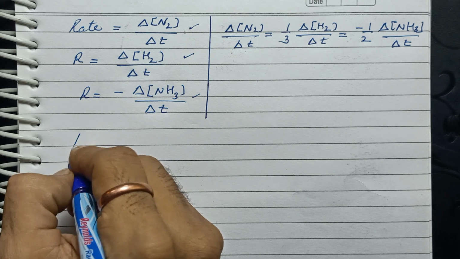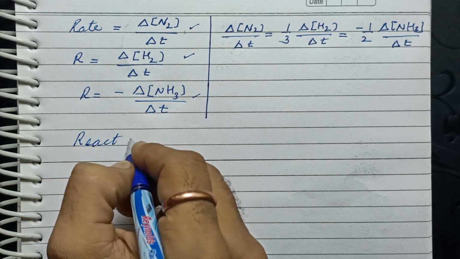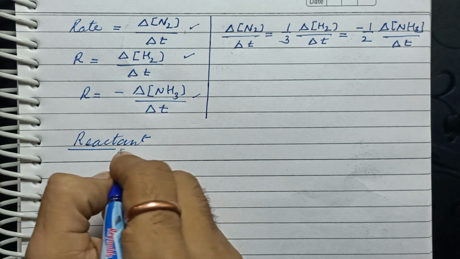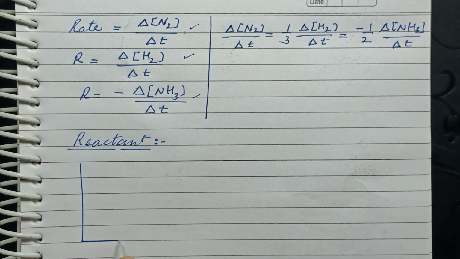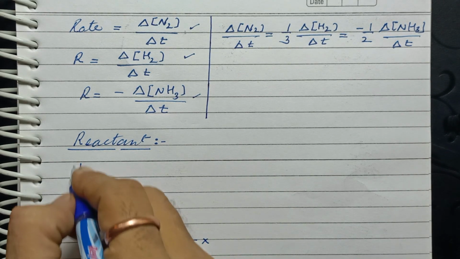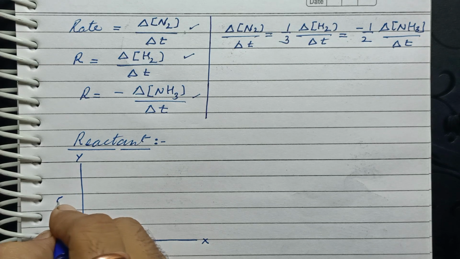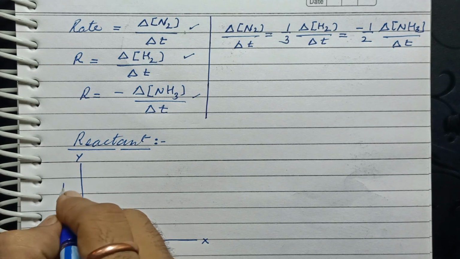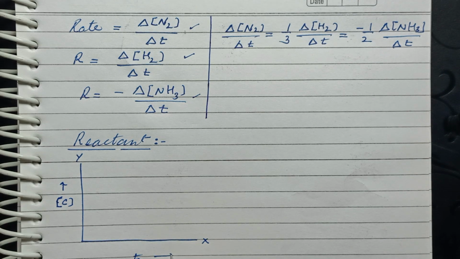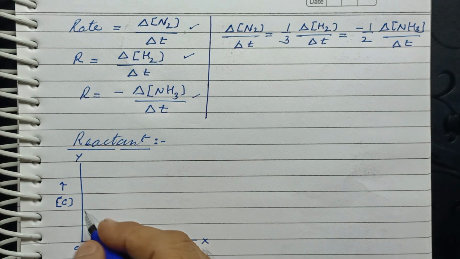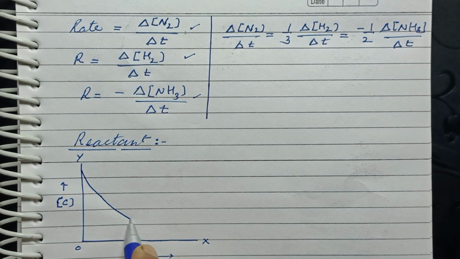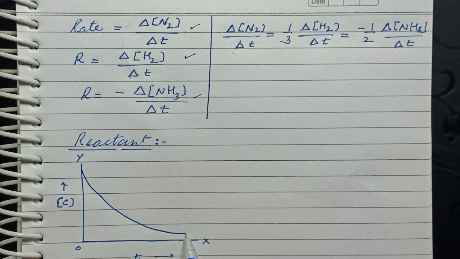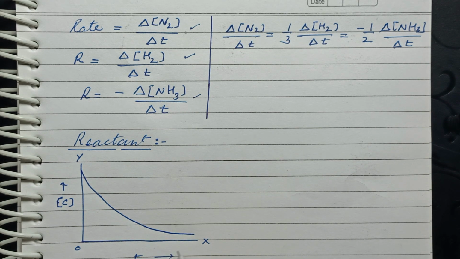Now, in case of reactant, if we plot a graph for the average rate, x, y, this is concentration and this is time. At t is equal to 0, there must be some initial concentration of the reactant which goes on decreasing with respect to time, and it becomes parallel to x-axis. We do not consider the reactant concentration to be 0.